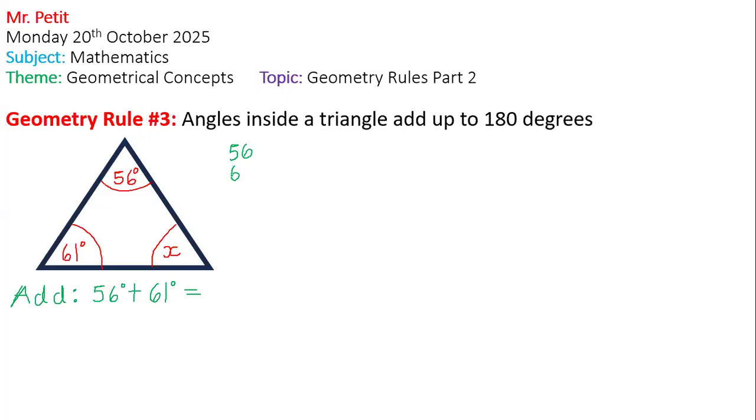Say it again, Tyler. 117. 6 plus 1 is 7. And 6 plus 5 is 11. So it's going to be 117. So the answer here is 117.